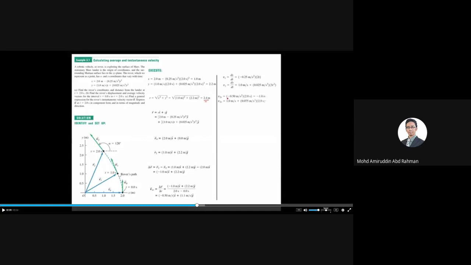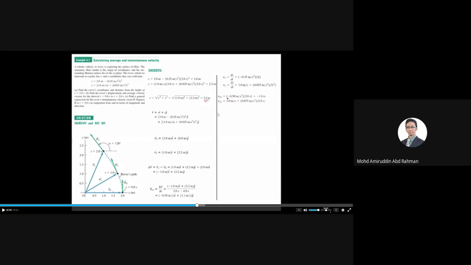And for Vy, also similar. We differentiate over t. So 1t will be just 1 over there, plus 0.025 t cubed. The t cubed becomes 3t squared, so you multiply that with 0.025. So you obtain your Vy.